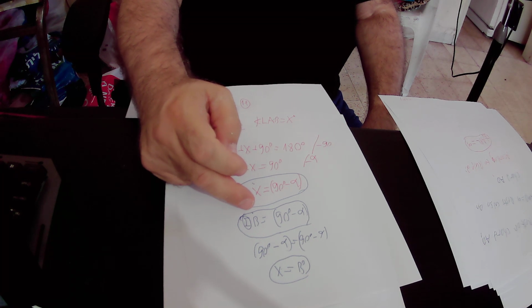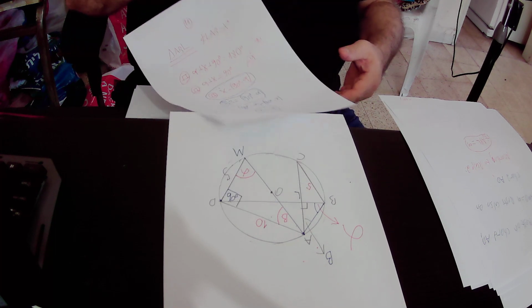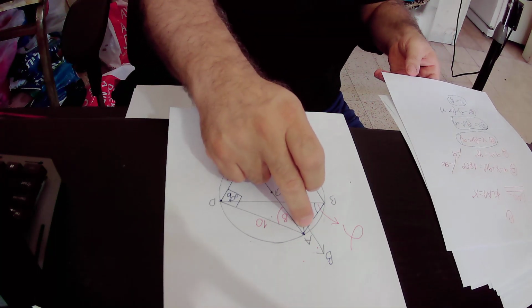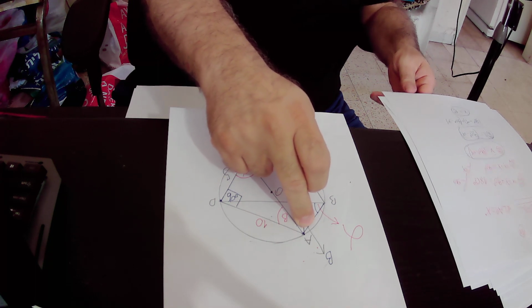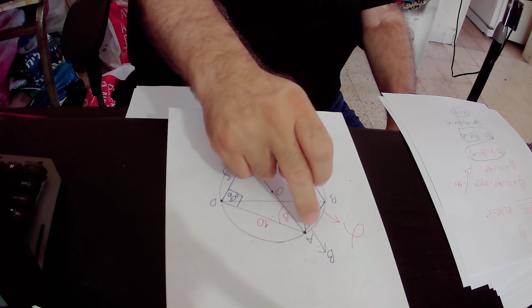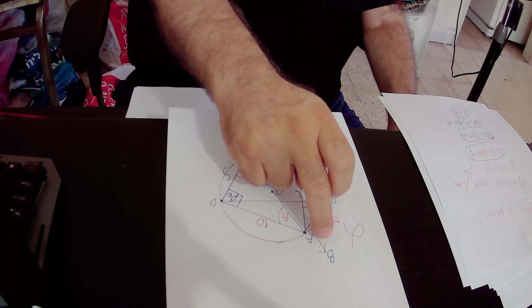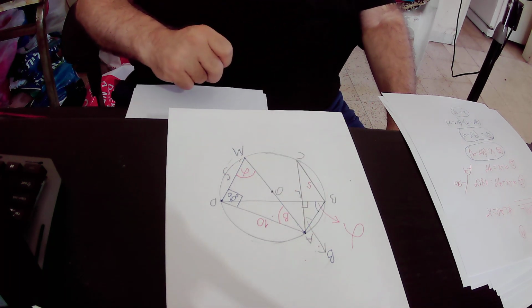We can deduce from it that x equals beta. So we can actually substitute x in angle BAL that is defined as angle X. We can substitute it by beta because x equals beta.